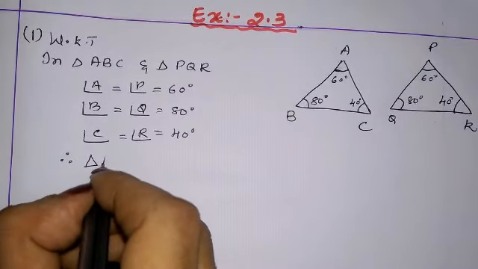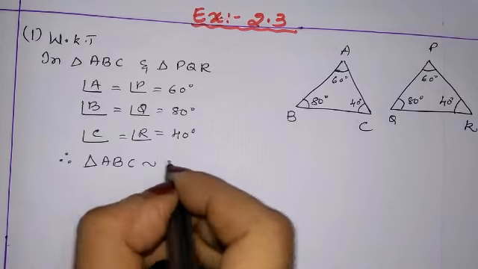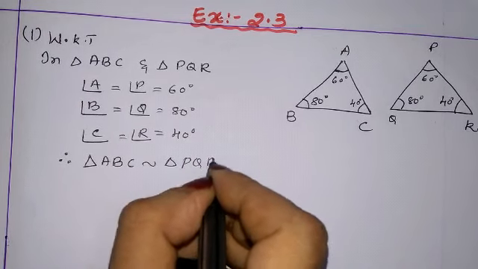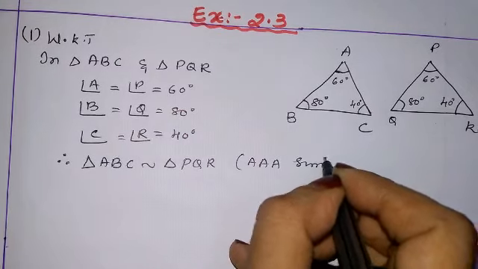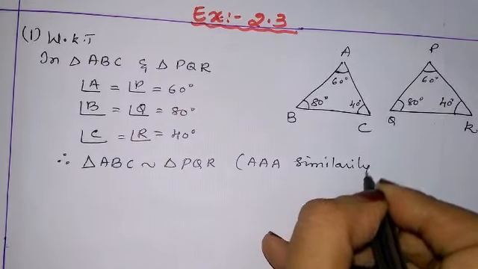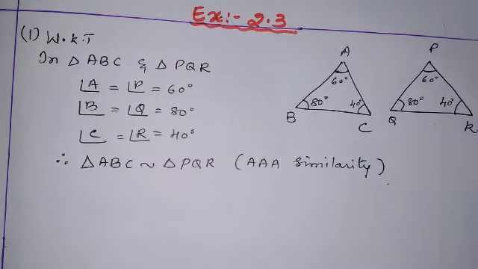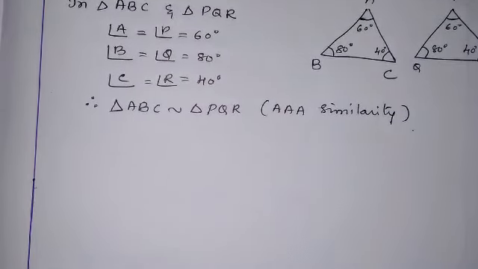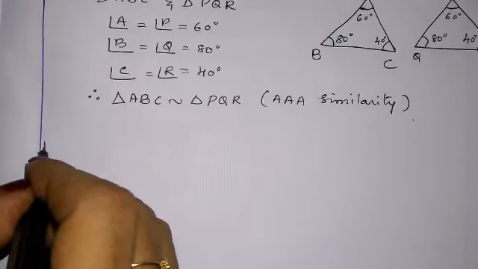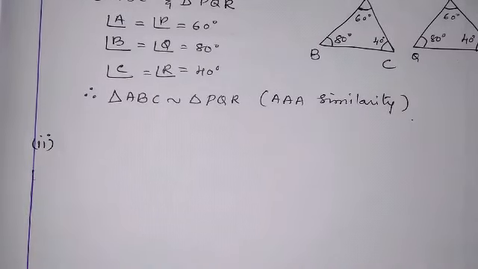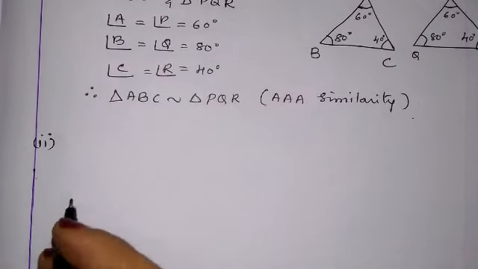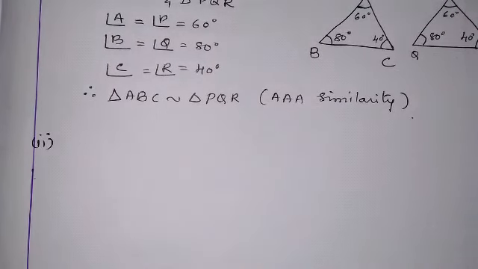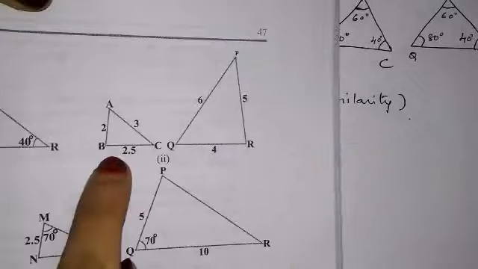Therefore, triangle ABC is similar to triangle PQR by AAA similarity. All their angles are equal. So, it is a similar triangle. Second one, it is completely based on what they have told. It is based on sides. So I will just show you the figure here only.